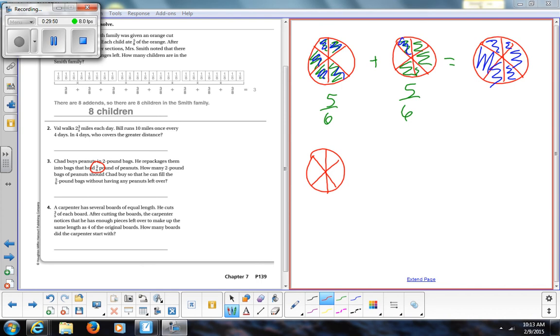Show me on the fingers. How many pieces do I have left over? Okay. I see 1, 2, 3, 4 pieces left over. Are you guys seeing something different than I am? Abishai, where'd you get your 2?